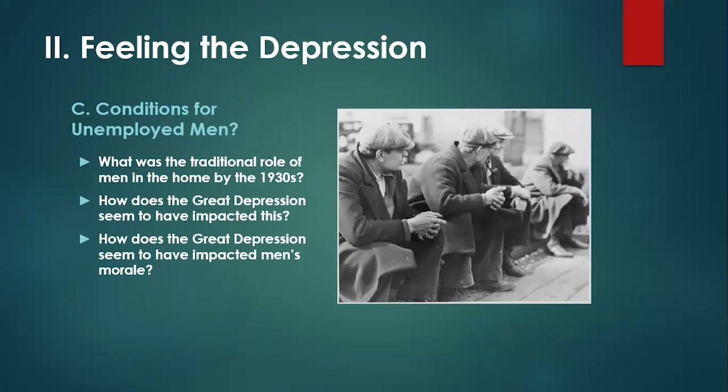Some of us may have grown up in different types of homes or may be hoping to develop different types of households on our own that have different dynamics than this, and that's totally fine. But we need to understand that this is the kind of traditional dynamic that most working class Americans were living in during the Great Depression, and this definitely impacted the social expectations that they felt were placed on them within that role in the home.